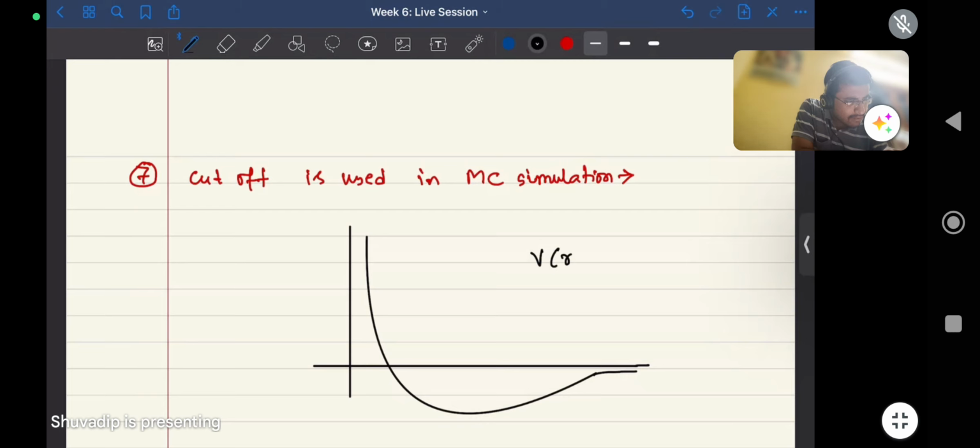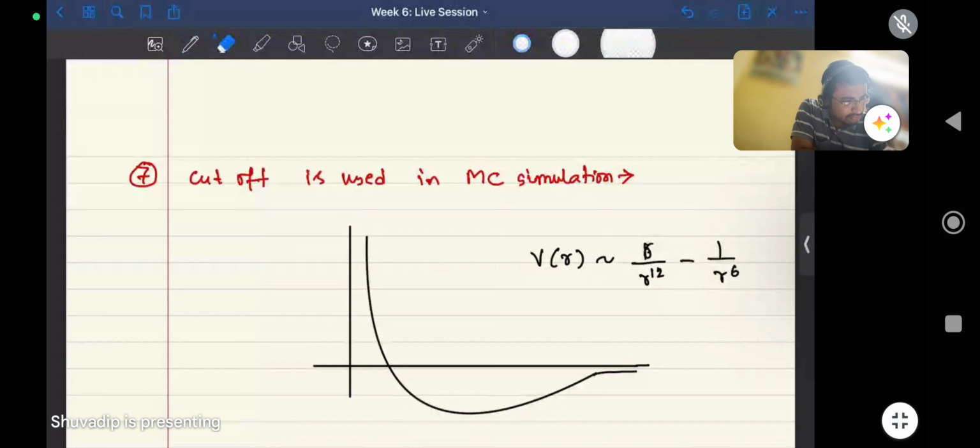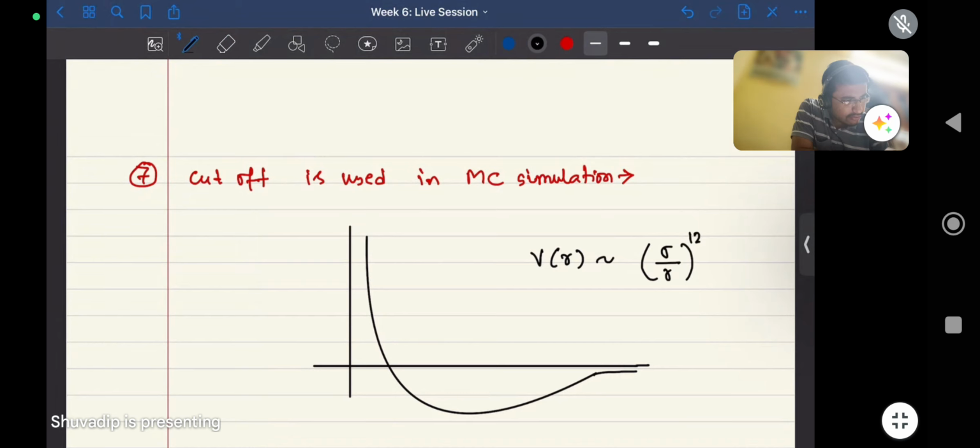Right. So it is not actually 1 by r, it is sigma by r, something like sigma by r to the power 12 minus sigma by r to the power 6, something like this.